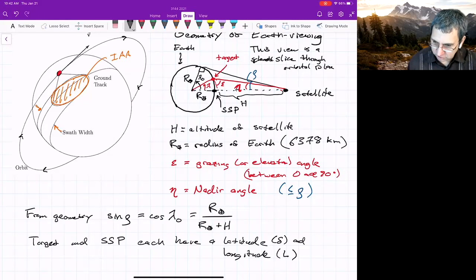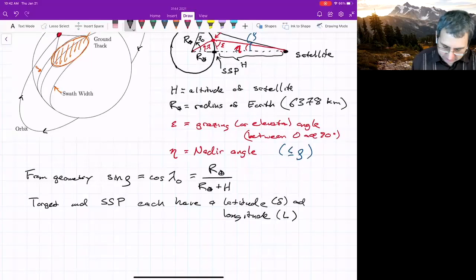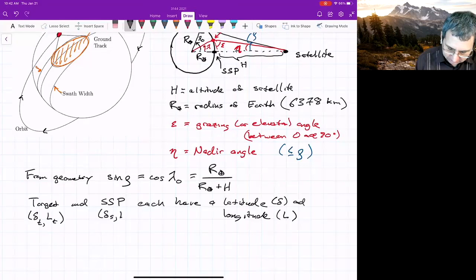We'll write longitude as L. So the target will have delta T, LT, the satellite delta S, LS. And there is a relationship between cosine lambda and latitude and longitude. I'm not going to derive it, I'm just going to write it.